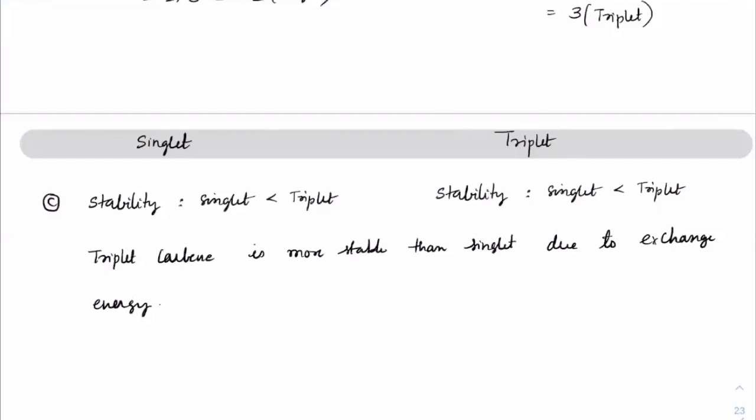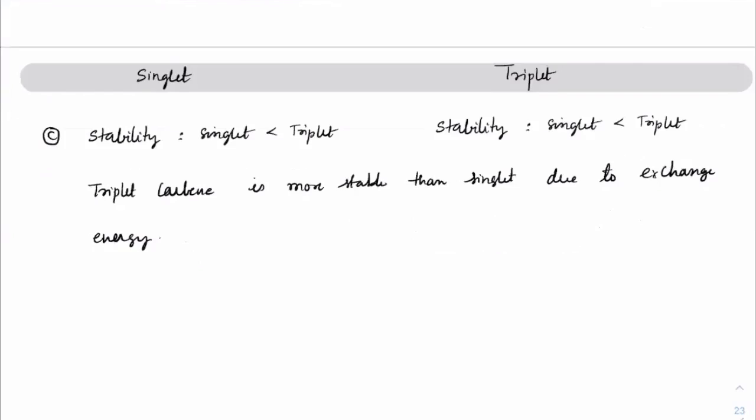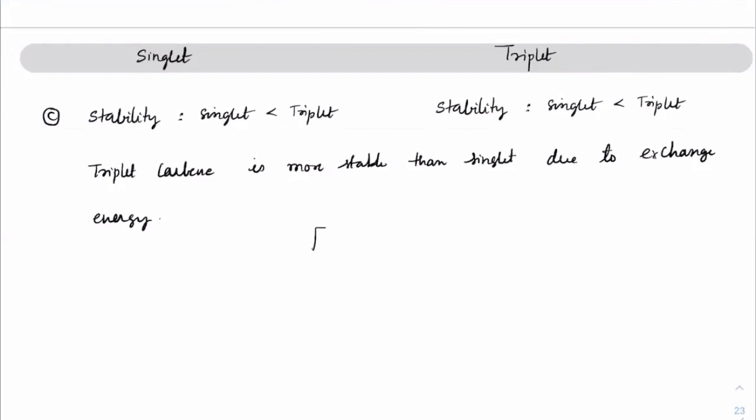If you just recall electronic configuration from structure of atom, why were the electrons in degenerate orbitals always given one electron each like this, instead of directly clubbing them in one orbital as a pair?